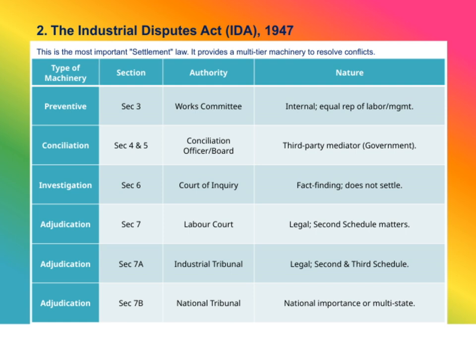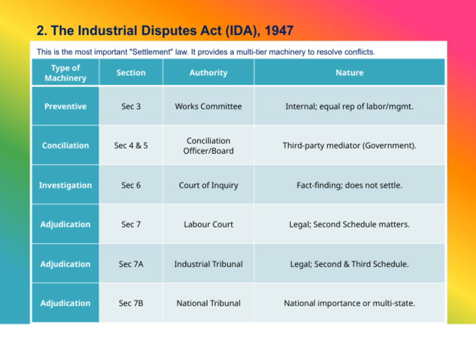It also deals with legal issues, but covers cases from the second and third schedules. Finally, for disputes of national importance or those spanning multiple states, the National Tribunal, Section 7B, is the highest adjudicating body. It ensures consistency and authority across larger geographic or industrial sectors.